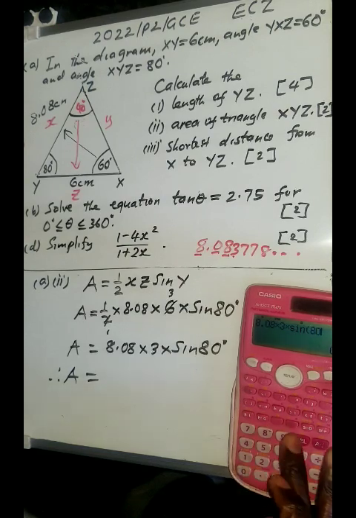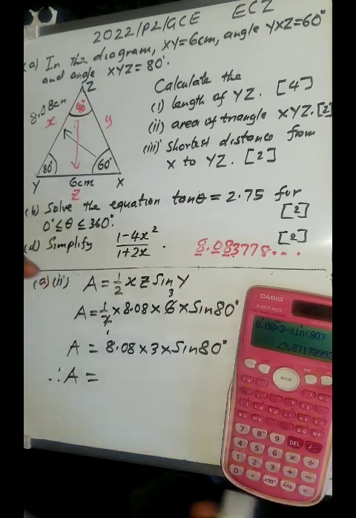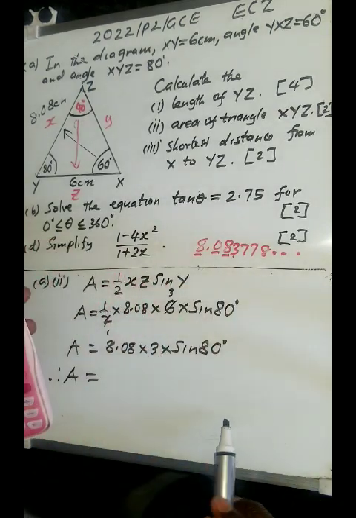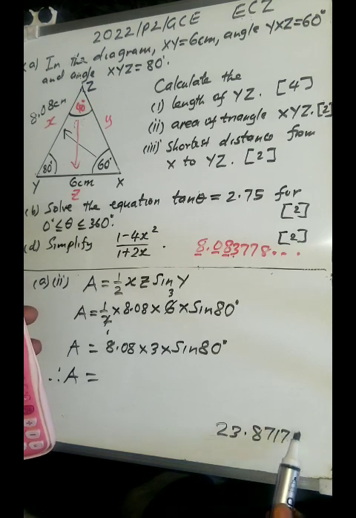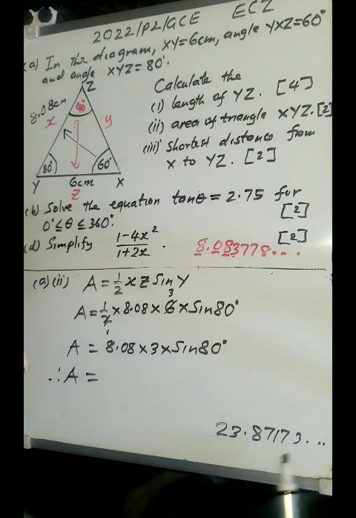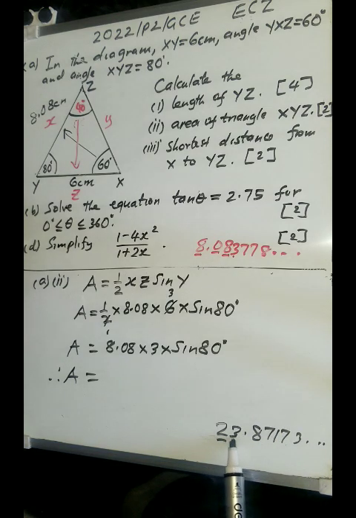So what is that giving me? Okay, so that's the value it's giving me, 23.87173 and so on. I write it like this because I want to show you how to round off to 3 significant figures. If you have not specified, the question says leave your answer to 3 significant figures. So you count 1, 2, 3.